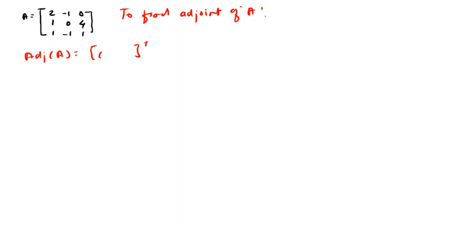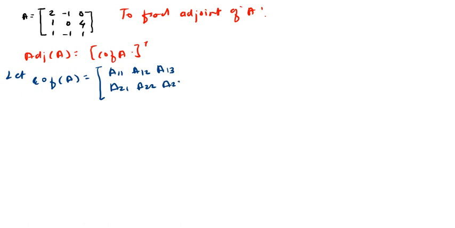So this is our matrix A, and we want to find the adjoint of the matrix A. The adjoint of the matrix A is nothing but the transpose of the cofactor matrix of A. So let the cofactor matrix of A be this matrix: A11, A12, A13, A21, A22, A23, then A31, A32, A33.